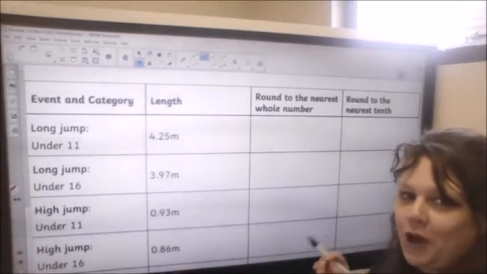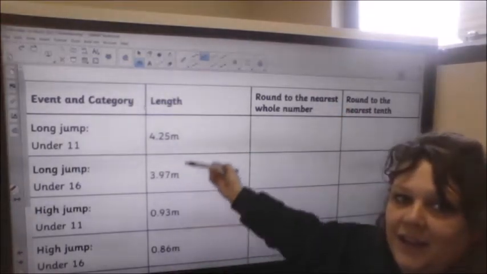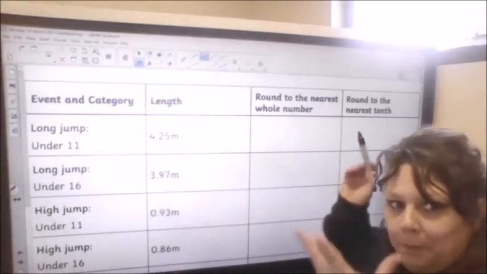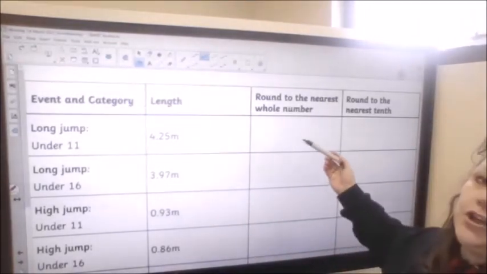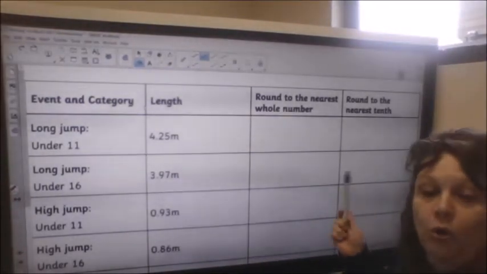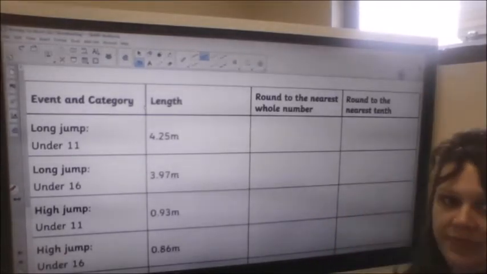So what you've got to do here is round these lengths, these distances that were jumped. You've got to round to the nearest whole number, and you've also got to round to the nearest tenth.